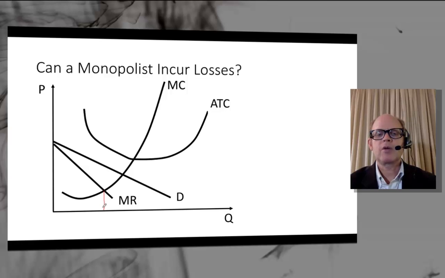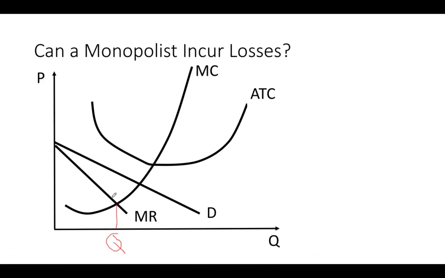So here we have our quantity. And then the next question is, well, what price will they charge? Well, it's the highest price you can charge and still sell that quantity. And that's the price on the demand curve. So we still don't know if they're making money or if they're losing money. But remember, profit is total revenue minus total cost.